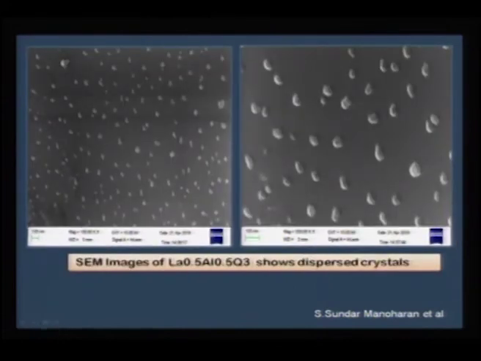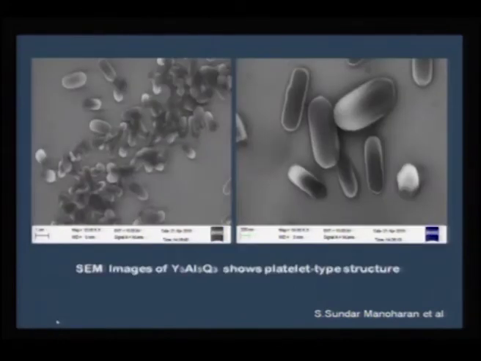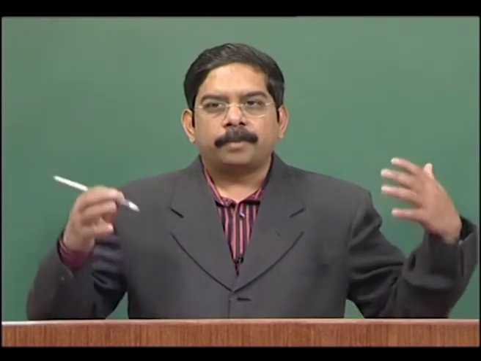And if you go to other composition, for example the precursors for YAG, you can see the crystals are of a very different shape and size, and this ensures that any amount of doping is possible, but they result in different specific stoichiometries.